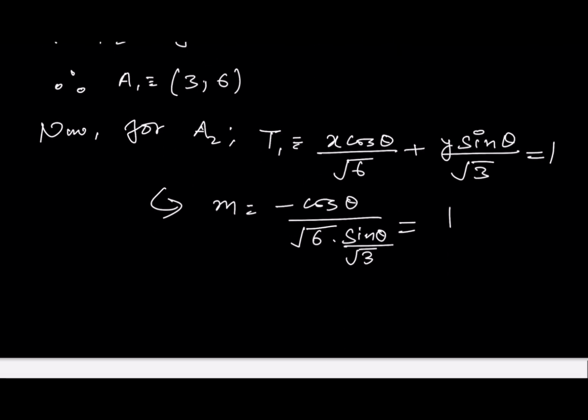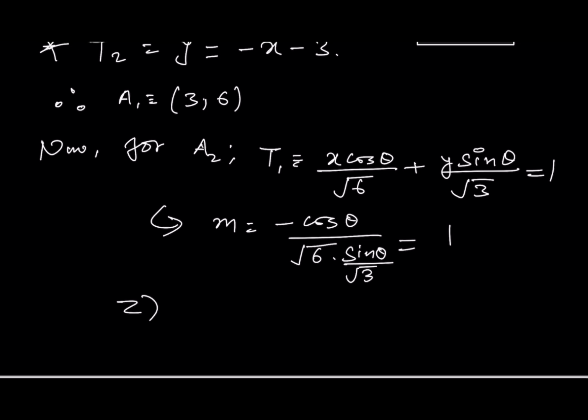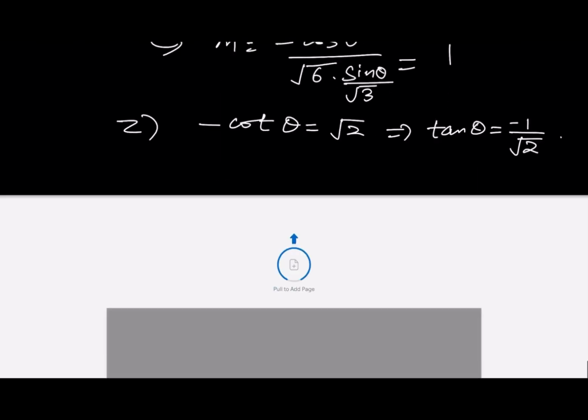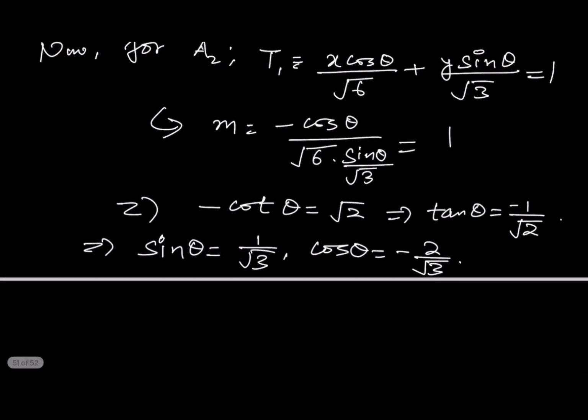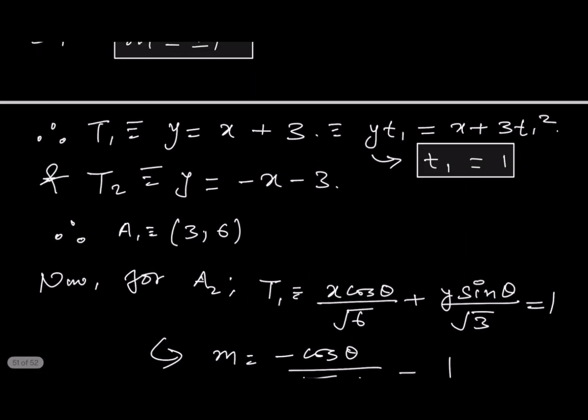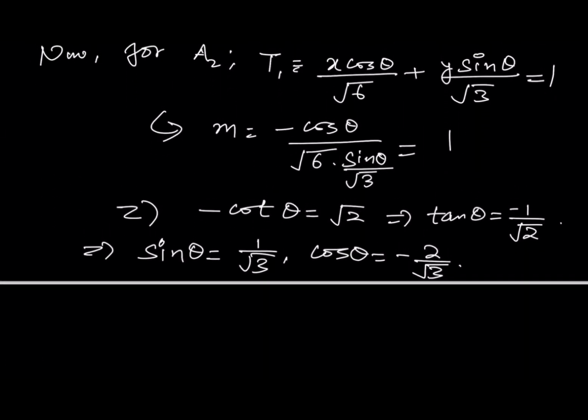Slope is 1 for t1. So minus cot theta is equal to root 2, or tan theta is equal to minus 1 by root 2, right? So from here sin theta becomes 1 by root 3 and cos theta becomes minus 2 by root 3, because theta is moving from 0 to 180 degree, right?